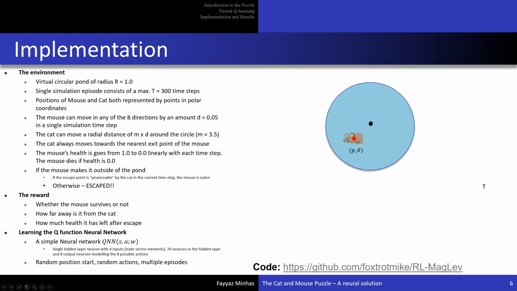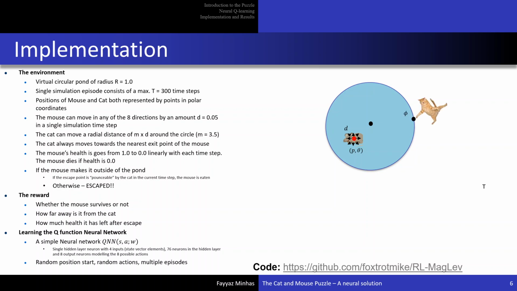We model the position of the mouse at any given time as a single dot, and we use polar coordinates, so that if the mouse is at a distance rho from the center, we denote its location as rho, theta. The mouse can move at any given time step in one of these 8 directions by an amount d. So d can be, let's say, 0.05. In a single step, the mouse can move a distance of 0.05 units.